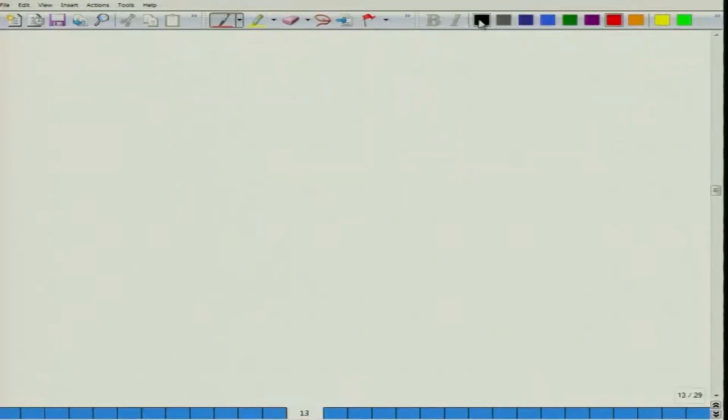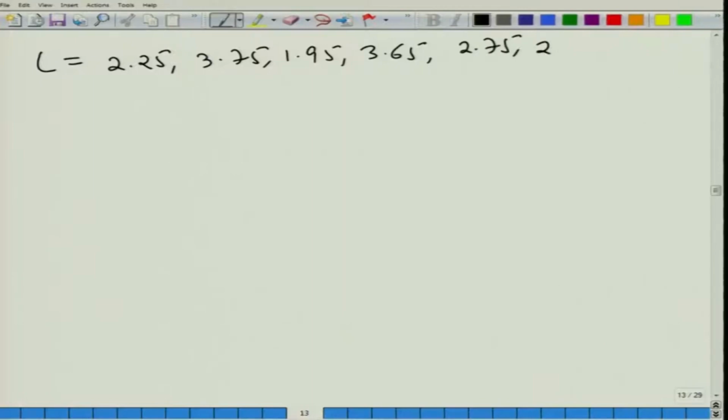Now, coming to the problem, we have L given as 2.25, 3.75, 1.95, 3.65, 2.75, 2.9, 3.1, 3.45, 3.6 and 2.85.